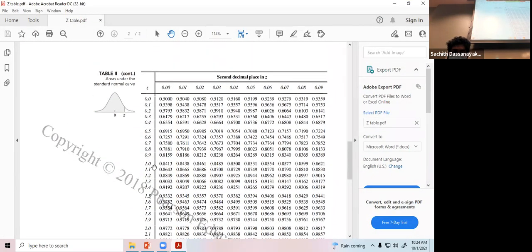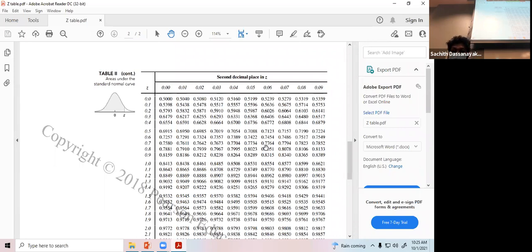So 0.7 I can find here, this row, and 6 in this column, which means 0.7 plus 0.06, right? So go down along this column, and the intersection value is 0.7764.